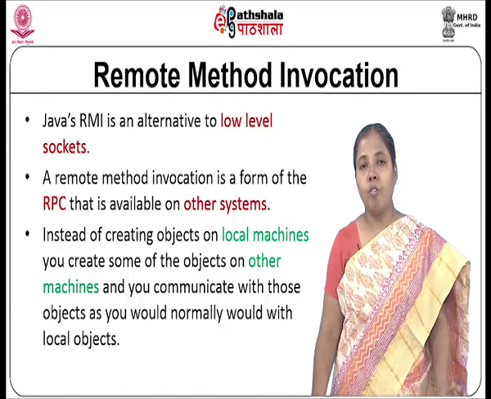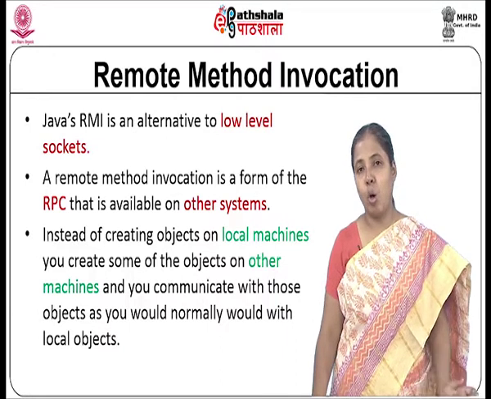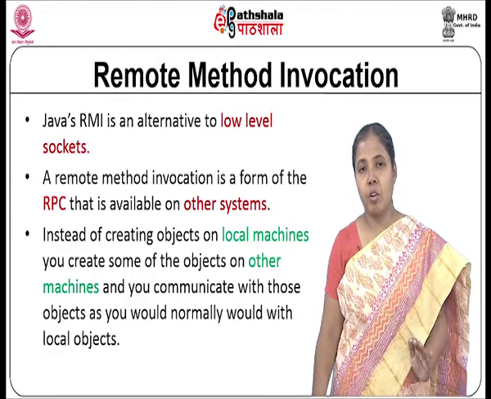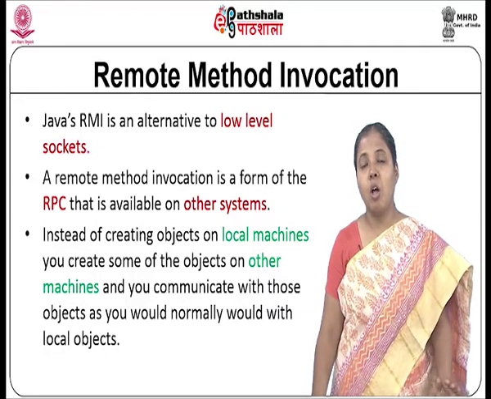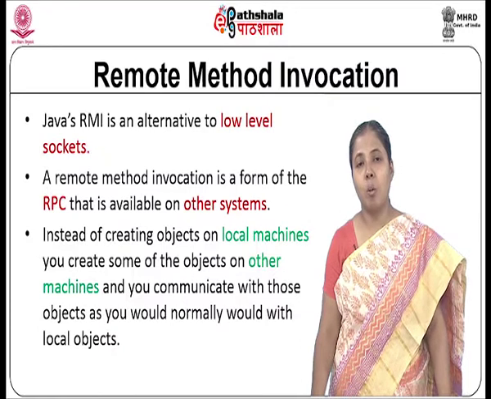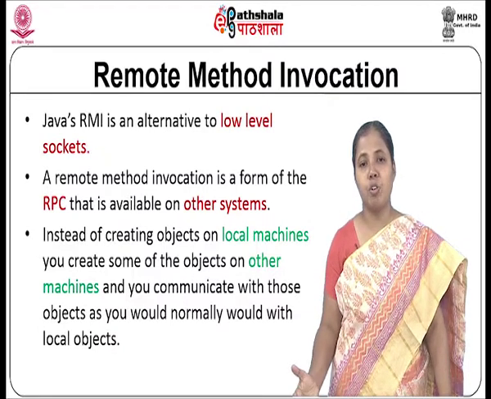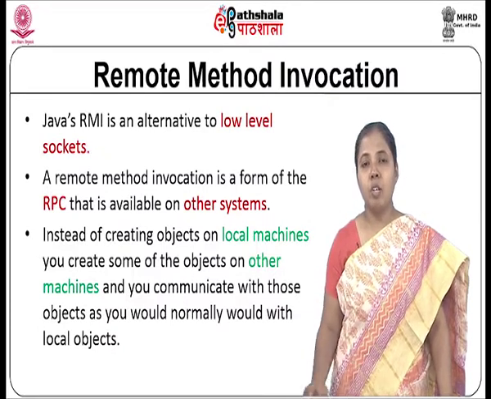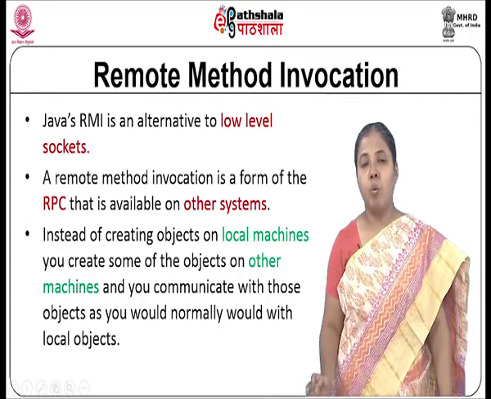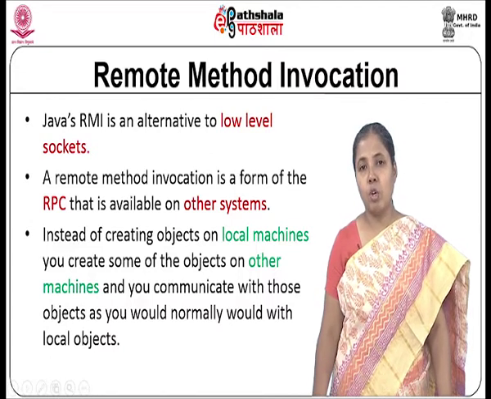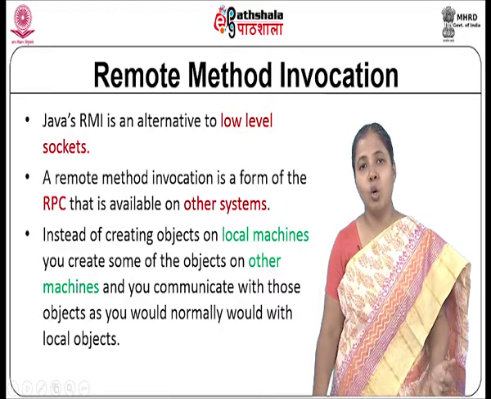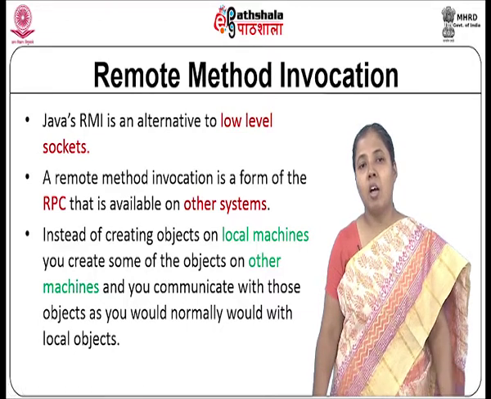The idea of RMI is to have remote objects running in a different address space, whether local to the machine or on a remote machine. Using this mechanism, one can access objects just like accessing a local object, that is, a method running locally on the machine.